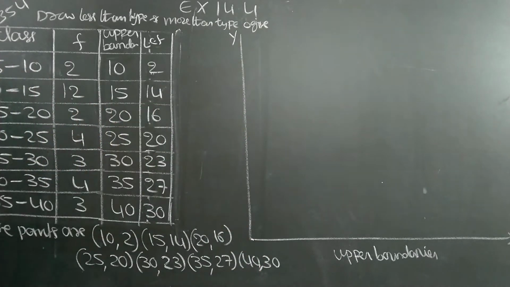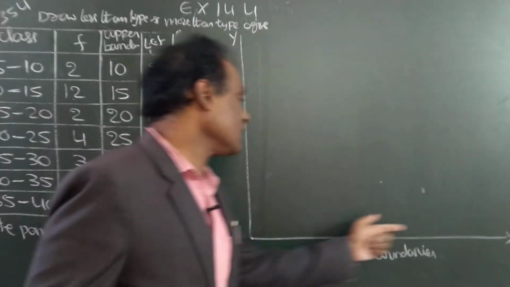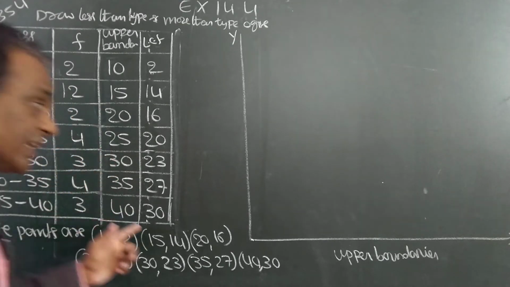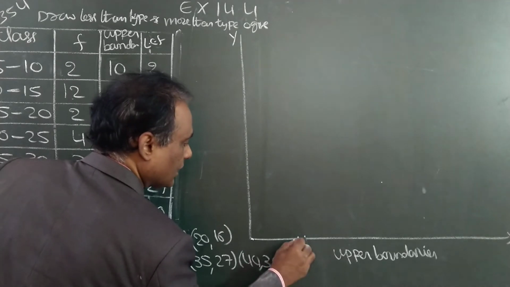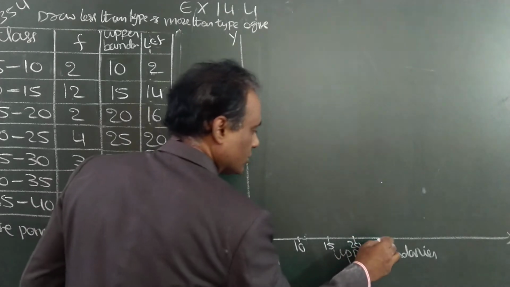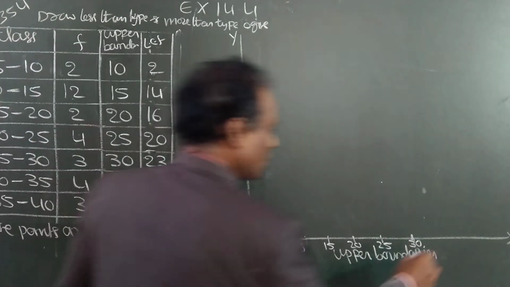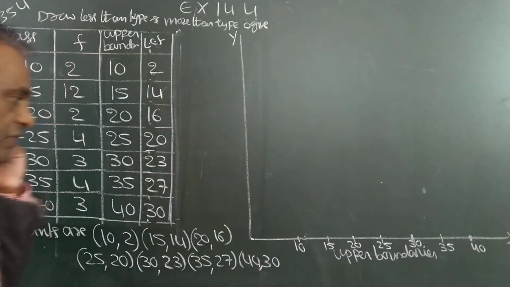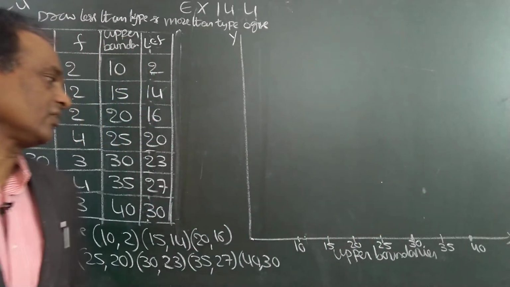So these points we have to plot on this graph paper. On the graph paper, we take the boundaries on the x-axis: 10, 15, 20, 25, 30, 35, 40.